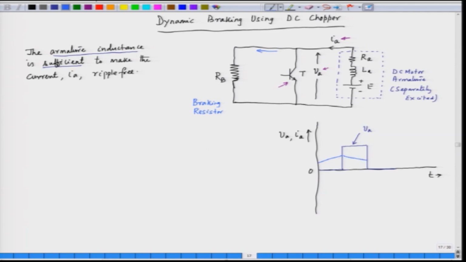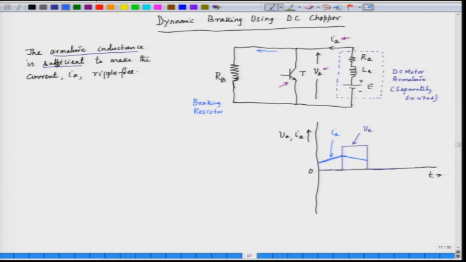It will slowly decrease, and if you assume it is ripple free, it will be almost a DC current. So, this is the current through the armature. There is some ripple here, but if the armature inductance is sufficient, this ripple can be neglected.